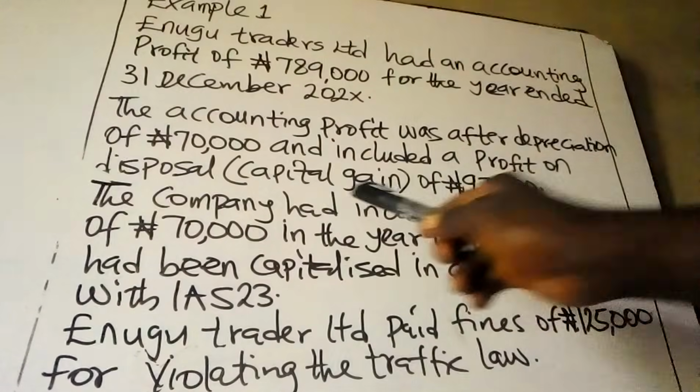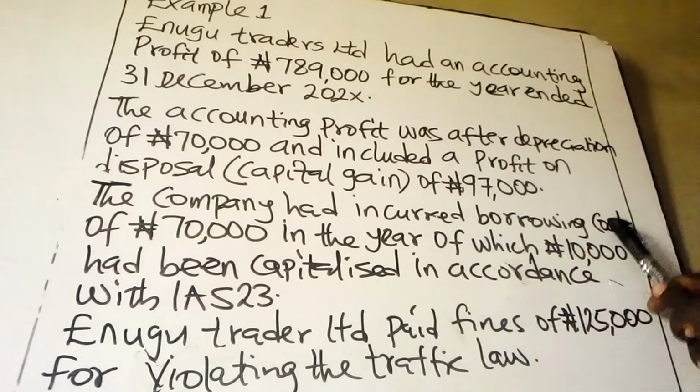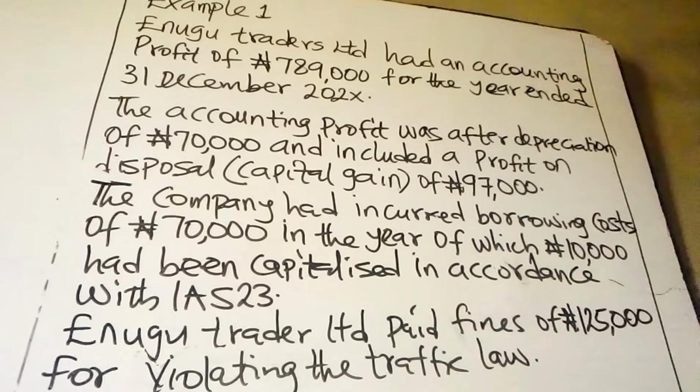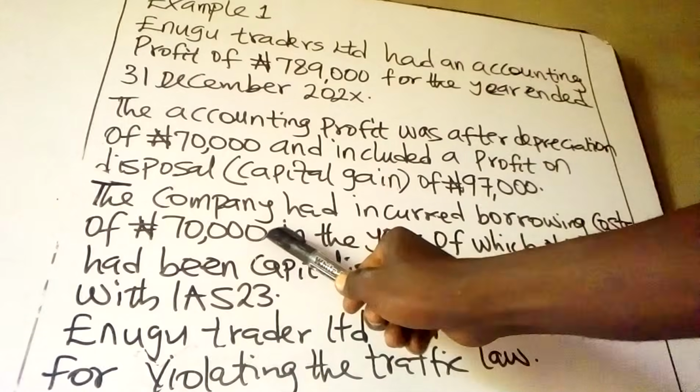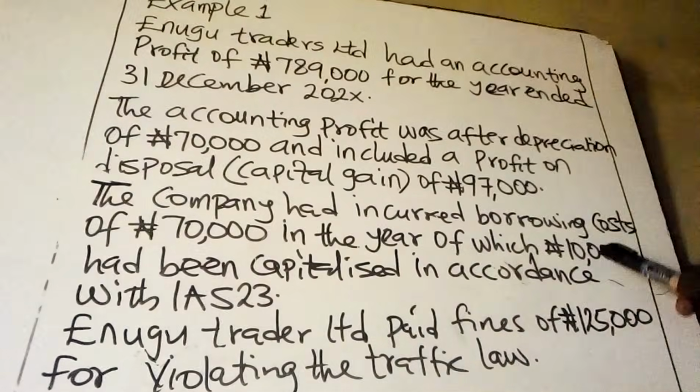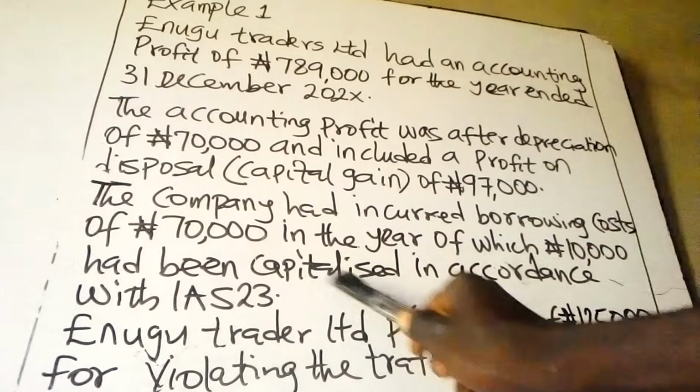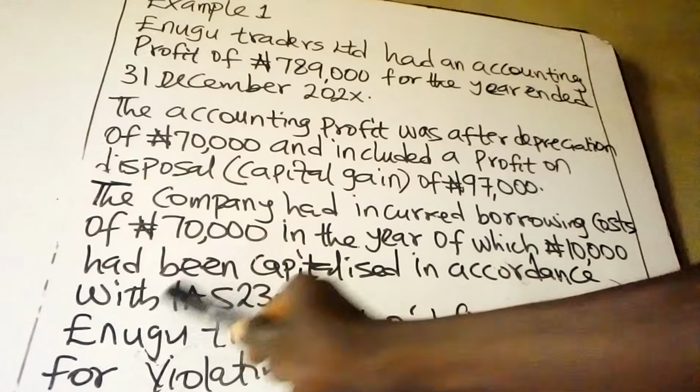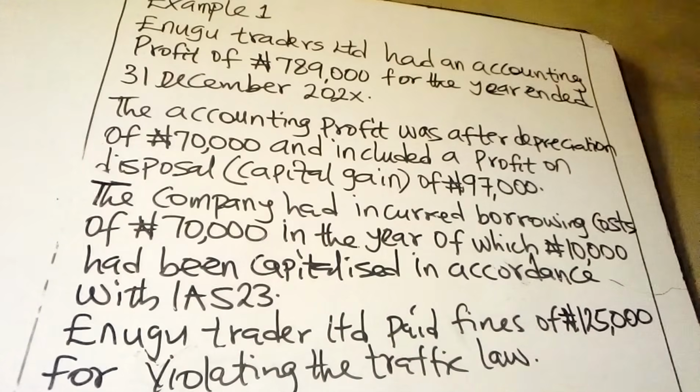The company had incurred borrowing costs of 70,000 naira in the year, of which 10,000 naira had been capitalized in accordance with IAS 23.